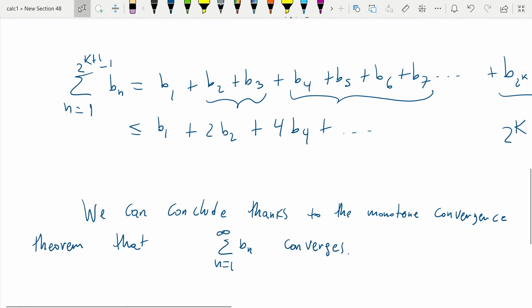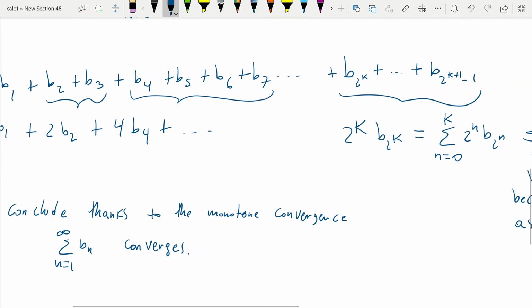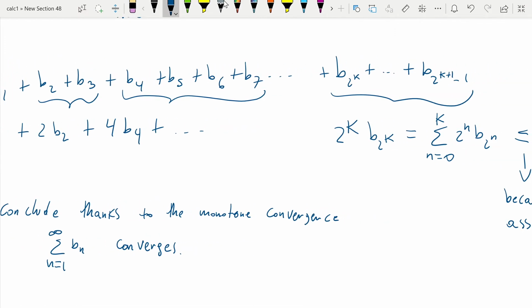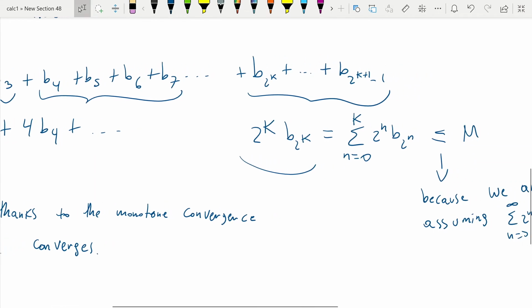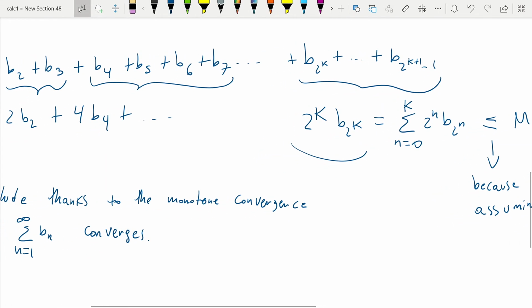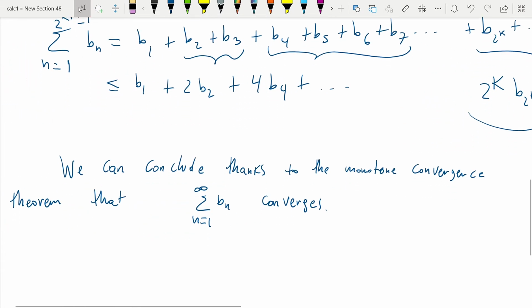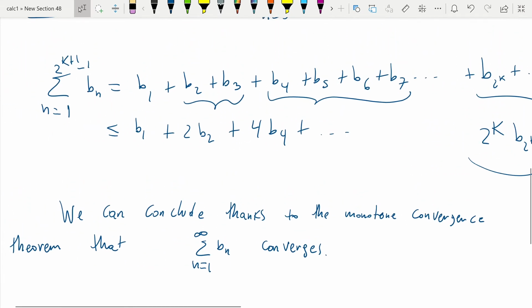We can start from the bound for the partial sums of the b_n's and obtain a bound for the partial sums of the sequence whose terms are 2 to the k times b sub 2 to the k. And how do we do that? Of course, this inequality here is not going to look the same.